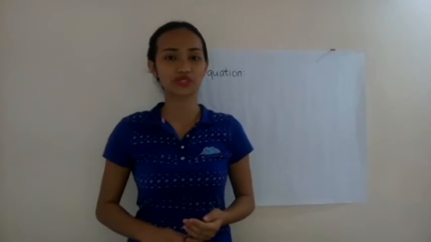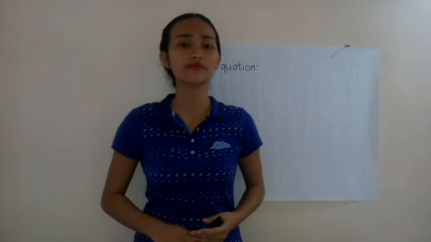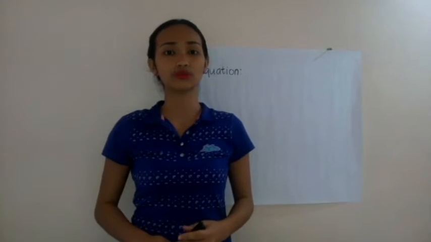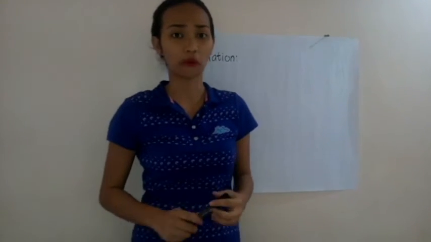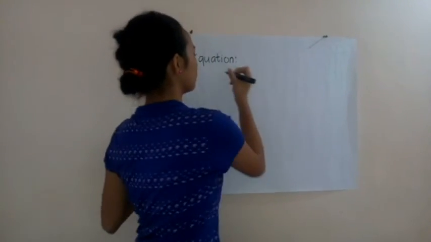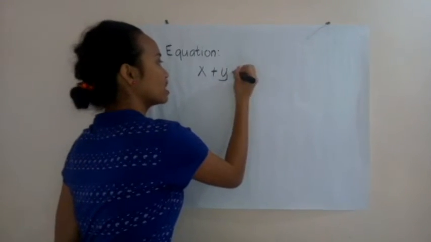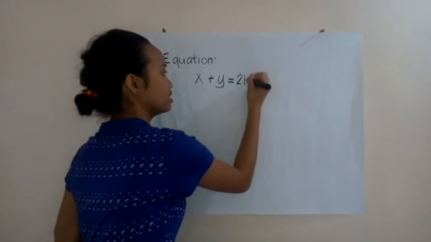This time, let's write the equation. The problem stated that when two numbers are added, it is equal to 210. Therefore, the equation is x plus y equals 210.